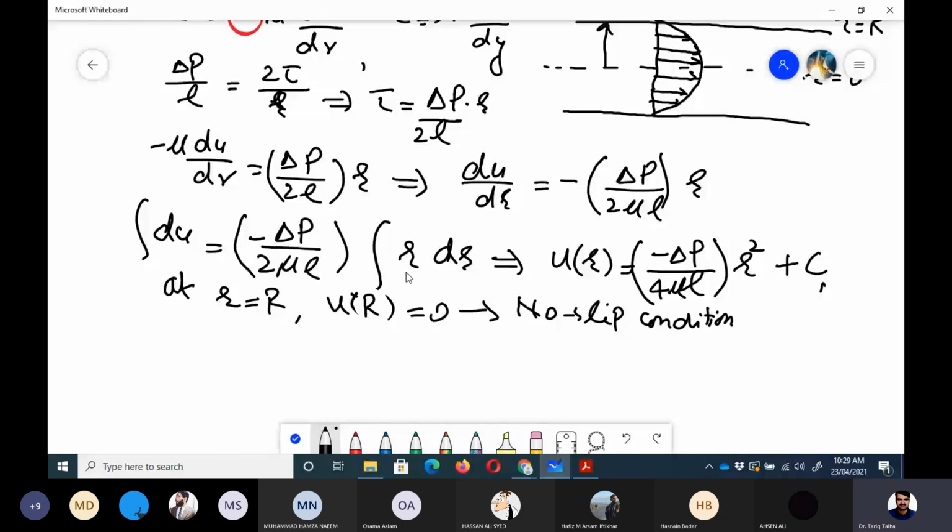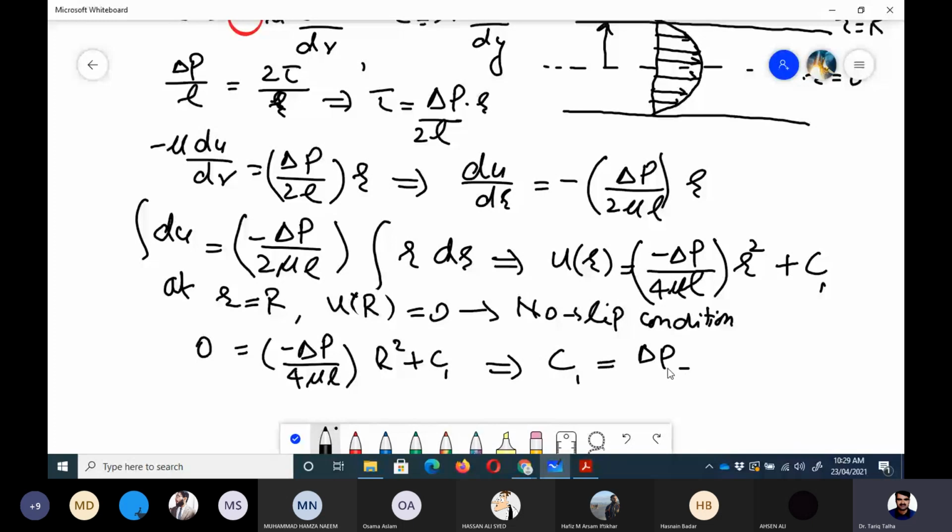If we put it here, we see 0 on the left hand side, and on the right hand side minus delta p upon 4 mu L capital R square plus C1. From here we can calculate C1, which is equal to delta P upon 4 mu L times R square.